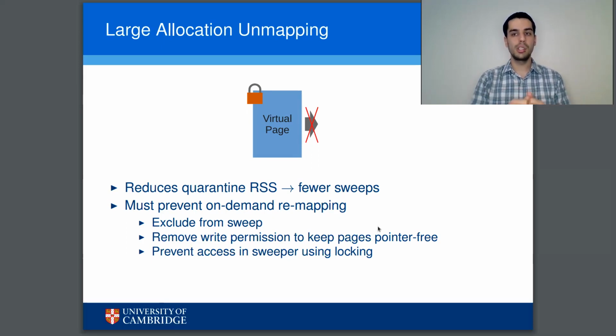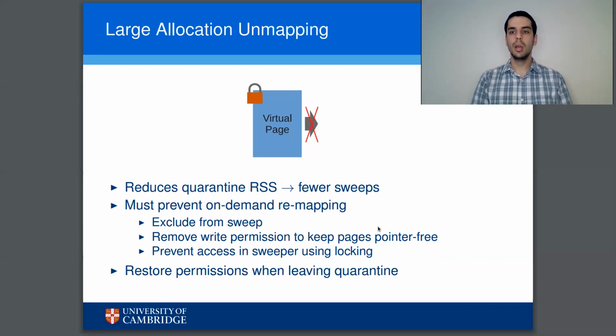This means that this page cannot get remapped, and it will never have pointers because its contents are just 0. We must now also prevent access during the sweep to these pages in order to prevent segfaults. We can restore these permissions when the allocation leaves quarantine, thus remaining completely transparent to the allocator.